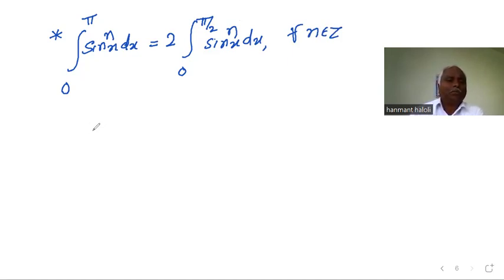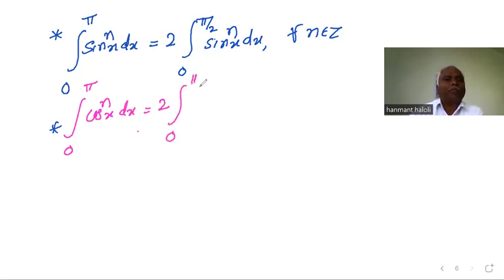Now similarly for cos, check carefully, observe it. Then what will it become for cos if the integral is 0 to pi: cos raised to n, x dx is equal to 2 times integral 0 to pi by 2 cos raised to n, x dx.